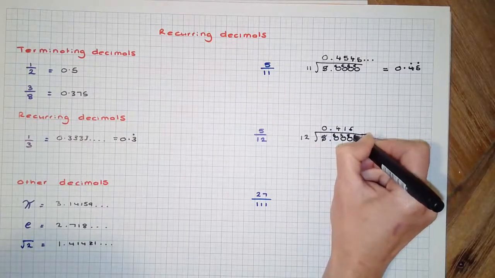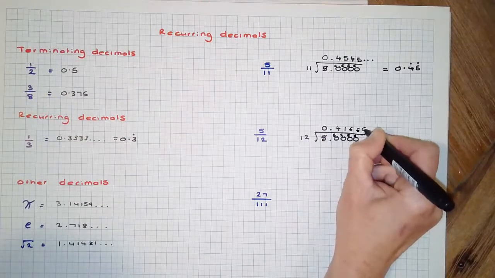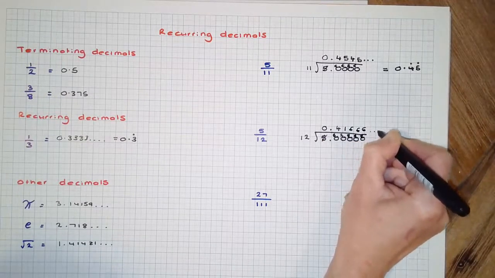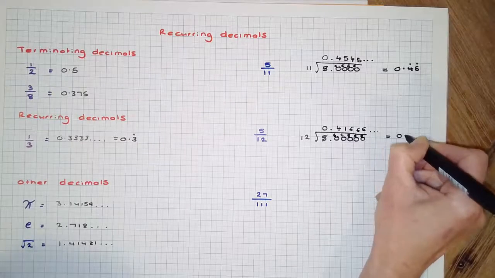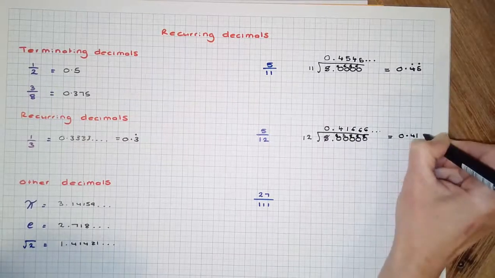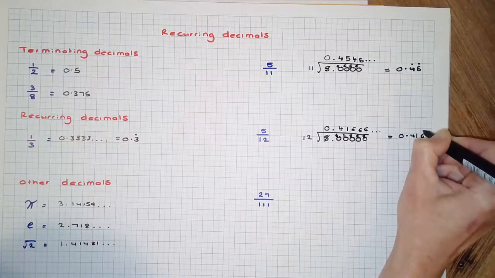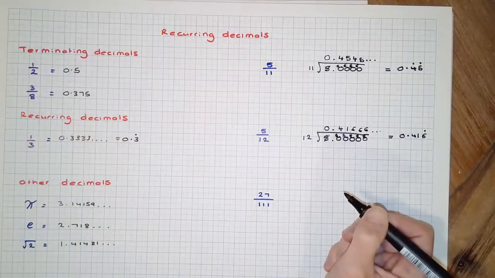Uh-oh, now we're in a pattern of repeating sixes. So we write this answer as 0.41, and the 6 now has a dot above because it's the recurring digit.